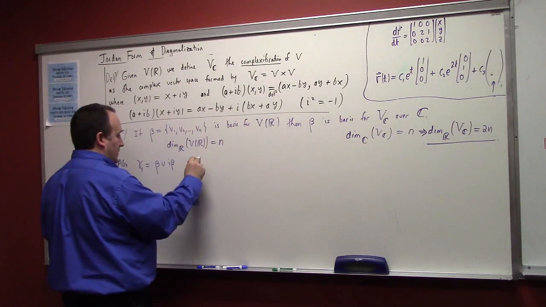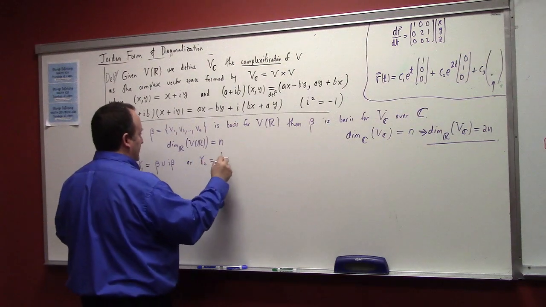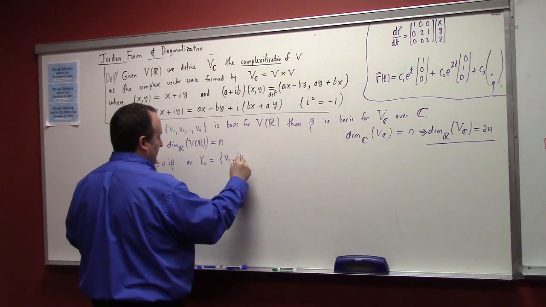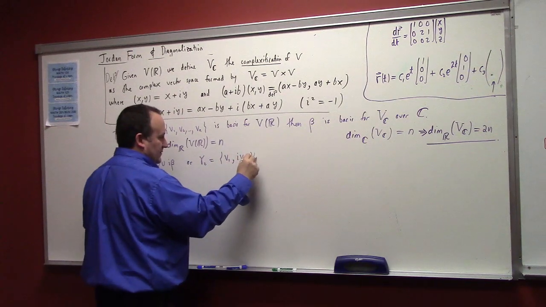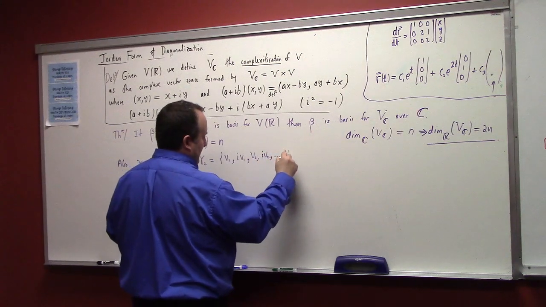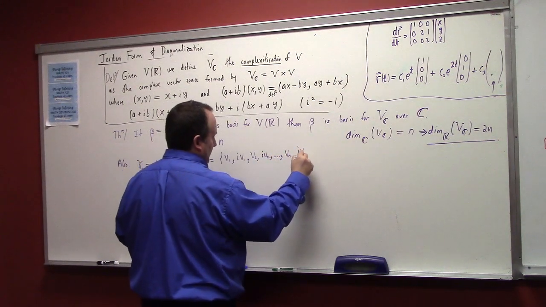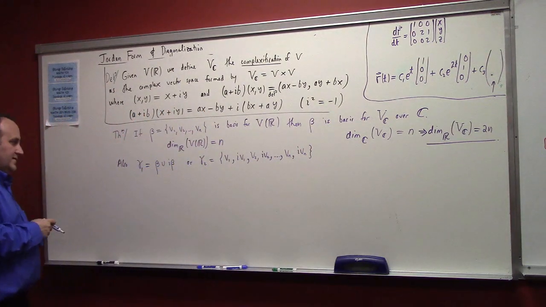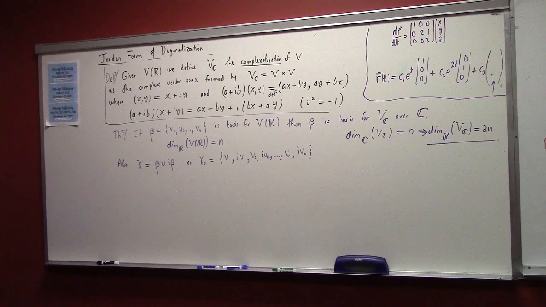Or gamma 2 equal to, this one's kind of more annoying, but it makes nicer formulas: v1, iv1, v2, iv2, ..., vn, ivn. If memory serves me correctly, that is the basis for the complexification, which makes our formulas nicest. But that is a real basis for the complexification, thought of as a 2n dimensional real vector space.